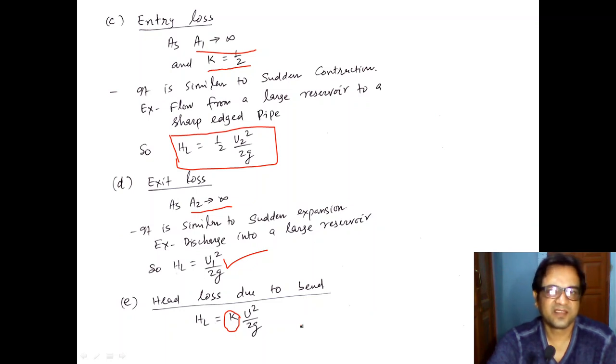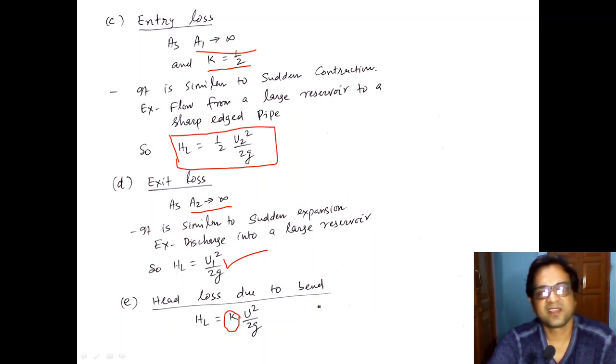In this way we can find the major loss due to friction, and also the minor losses due to all these 5 phenomena. In the case of a long pipe, all these things may happen. So we have to find all the losses one by one and sum them.